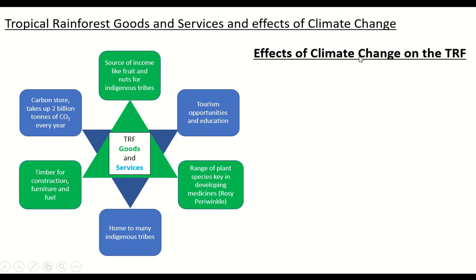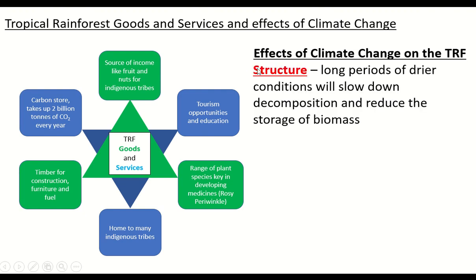So we've looked at the episode on climate change from the second topic of this paper, and you can see that climate change, in terms of us getting maybe drier, warmer conditions, means that the structure of rainforests might start to have longer, drier periods, and that will slow down how quickly trees and any litter rots and decomposes.